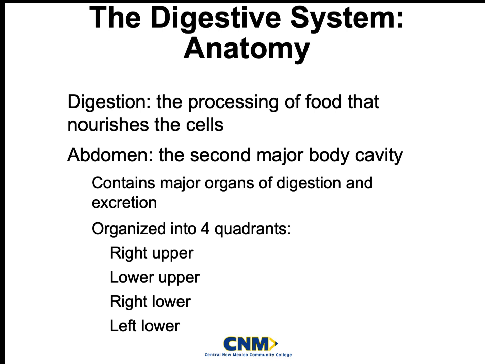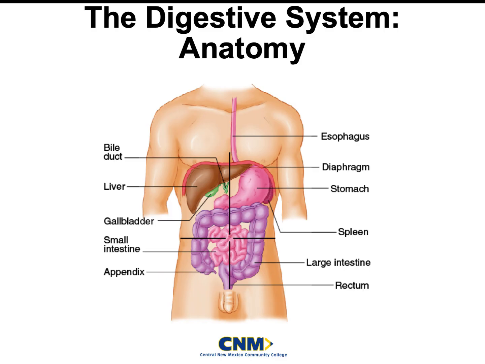When we're talking about the right and left upper and lower quadrant, it's basically as if you put a bullseye on your belly button and you divide it into the four quadrants that way. Okay, so this is a picture of the abdomen divided into the four quadrants, so you can get a glimpse of what is in each quadrant.